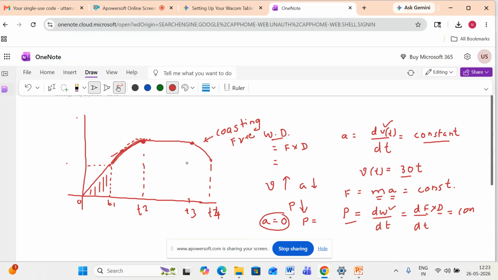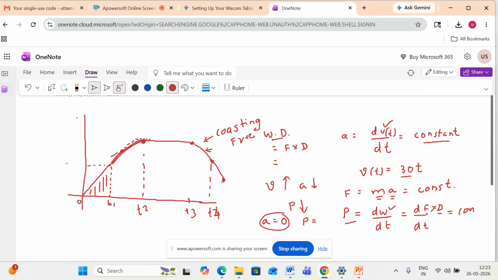It moves by its own inertia because of its speed, so it is called the coasting period. During this, entirely no power is drawn from the motor.